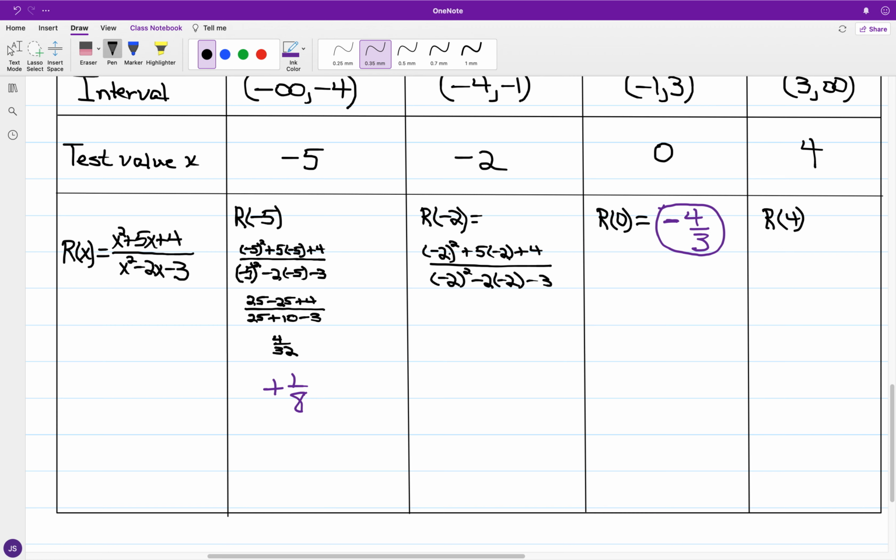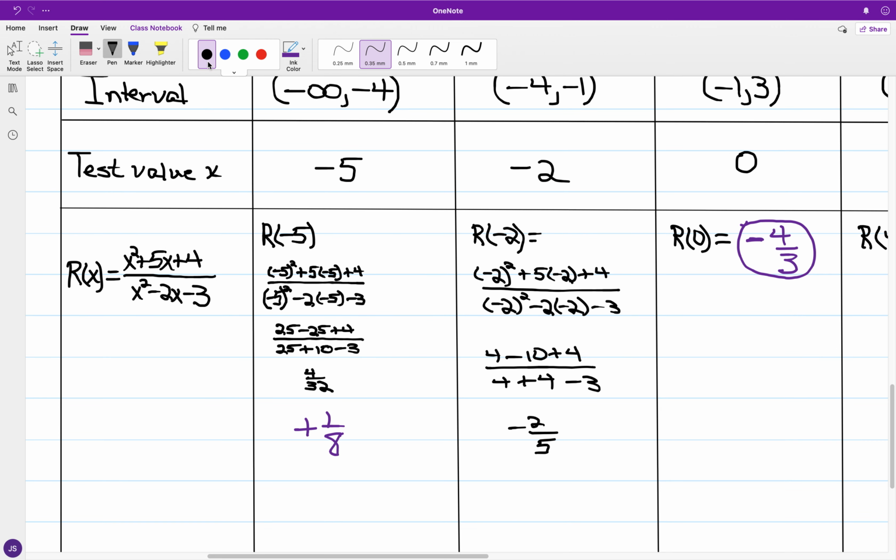So just taking what we have here, negative 2 squared is 4. 5 times negative 2 is negative 10. And we have plus 4. Negative 2 squared again is 4. Negative 2 times negative 2 is positive 4. And we have minus 3. So we got negative 2 on top. 4 plus 4 is 8. Minus 3 is going to be 5. So right away we're going to have negative 2/5.